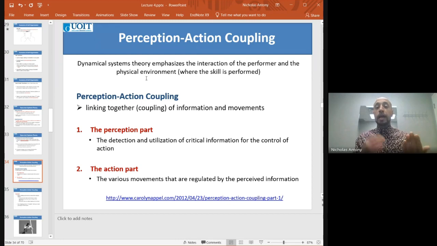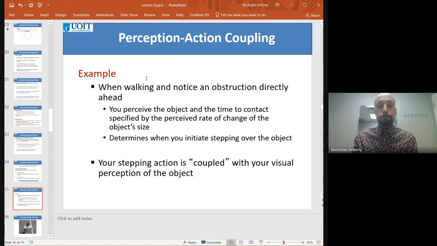That's called perception-action coupling. We perceive the environment and we link it with our action. What do we notice about our sensory processes in terms of priority? We put high precedence on vision, right? Whatever we see, we take that information in and it helps us modify our movements for that given situation. Perception-action coupling was a term developed in dynamical systems-based theories.